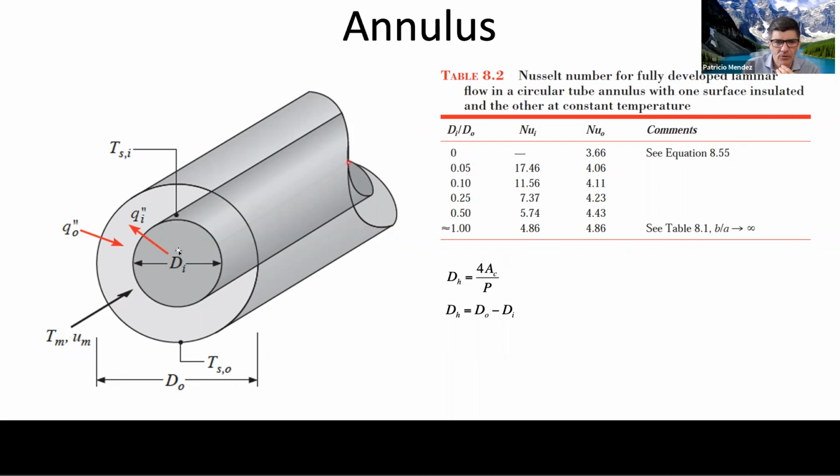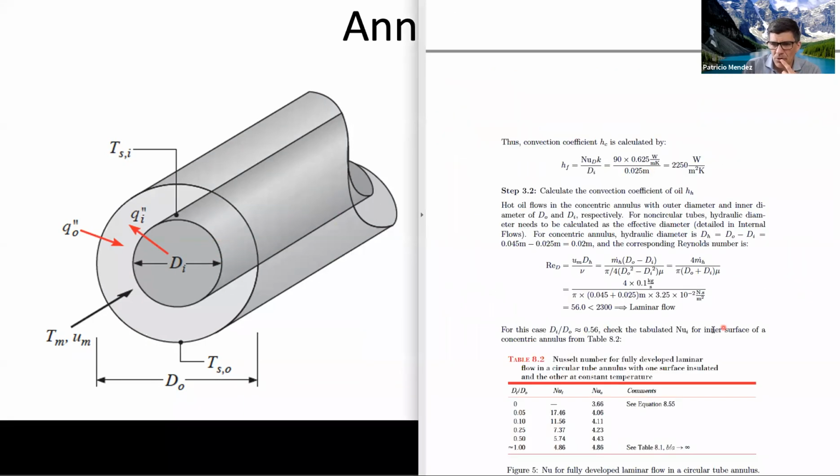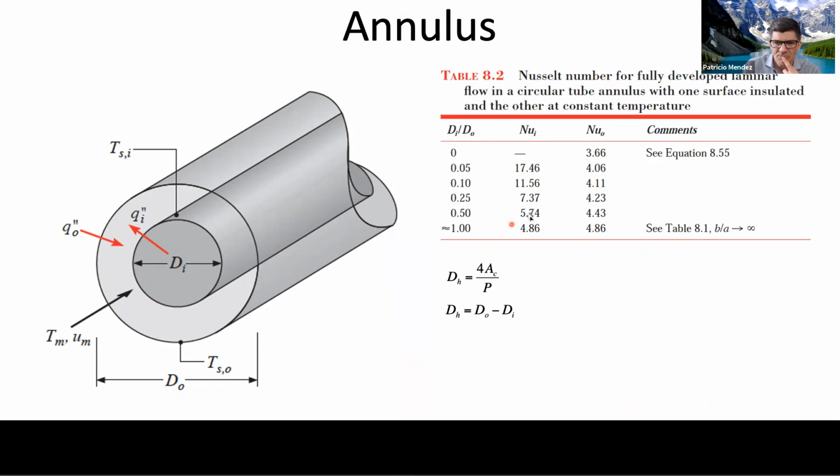The table says, depending on the ratio of diameters, what the Nusselt number we should have. In this case, we care about the Nusselt number on the inside between these two fluids. So the ratio of diameters is more or less 0.56. So let's call it 0.5. We can do extrapolation, interpolation, and I put that in the notes too. But let's call it 0.5 as the book does.